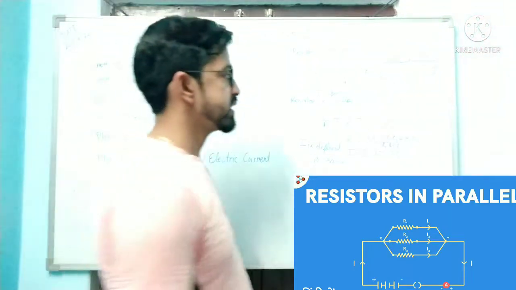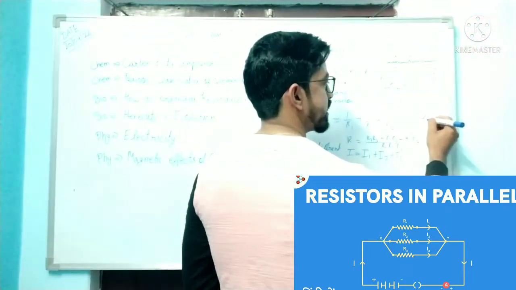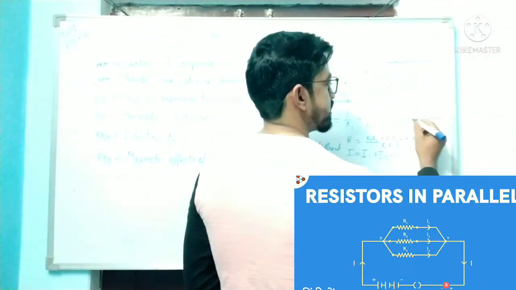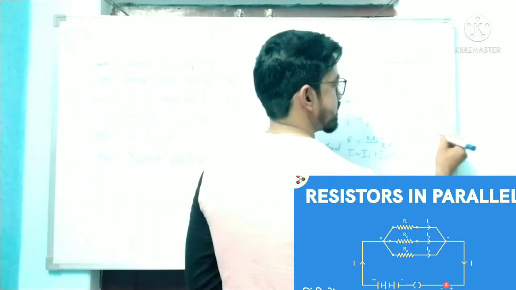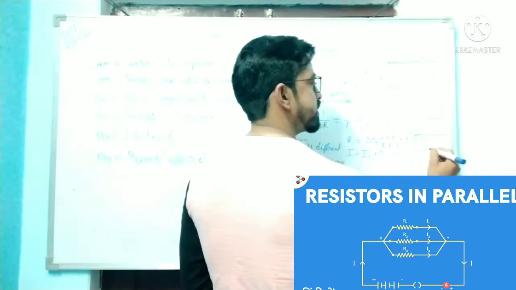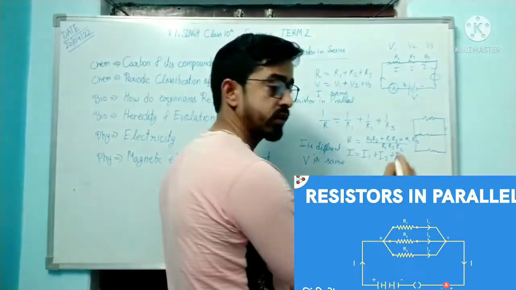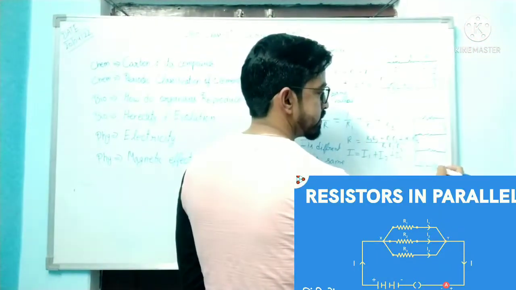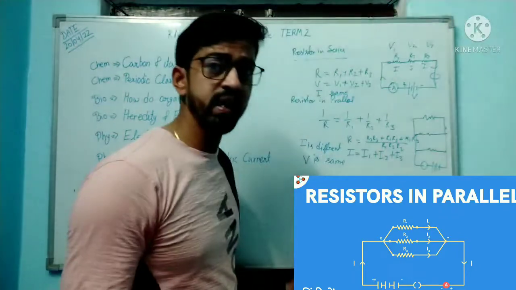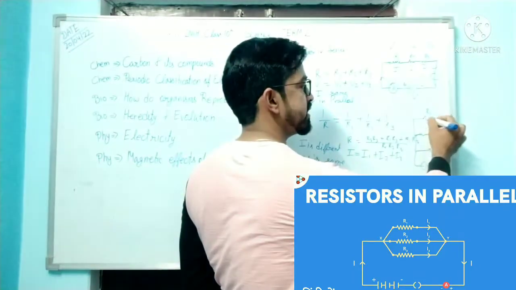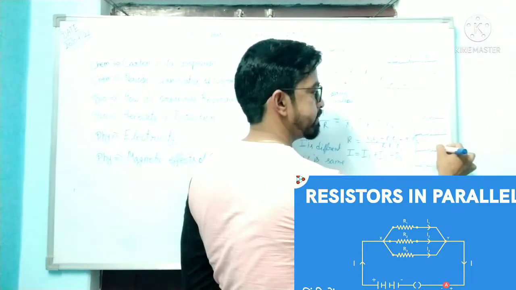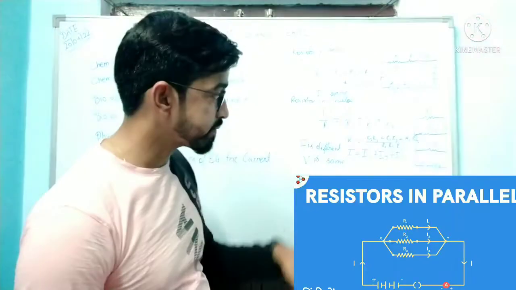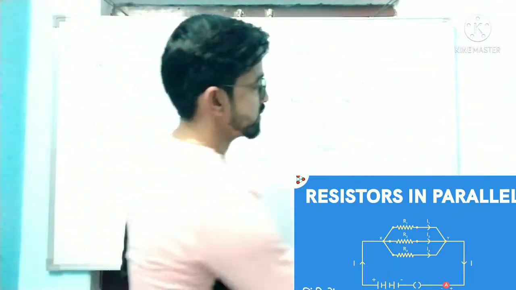Okay, let's take an example. Suppose here is one resistance, there is a second resistance, a third resistance. Okay, now you connect them with the ammeter, voltmeter and battery. So what will happen? This is R1, R2, R3. Okay, this is the ammeter.